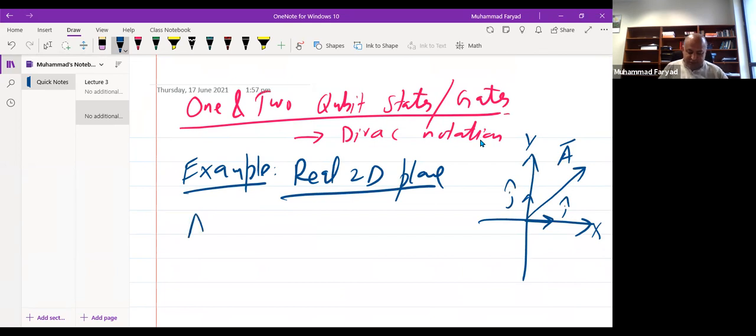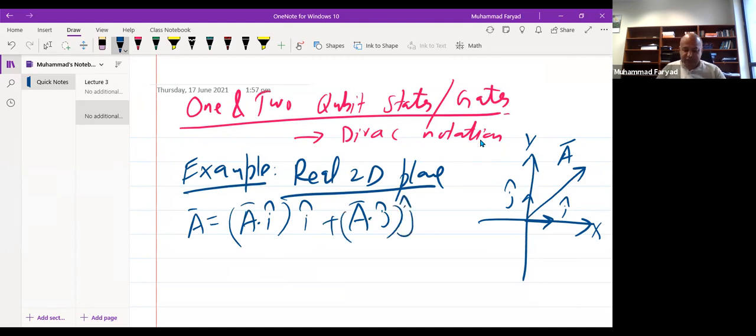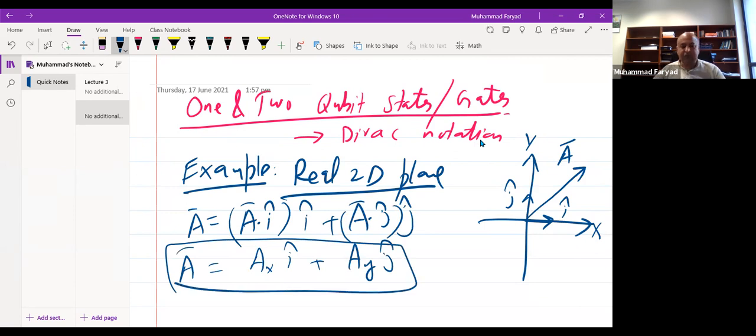If I have this vector A, I can find its projection or component along the x-axis by taking its dot product with i and writing it along with i, plus I can find its projection onto the y-axis, which is A dot j, and write it along with j. So that's my j component. Usually A dot i is written as a_x and A dot j is written as a_y. So this is how we write these vectors in component form.